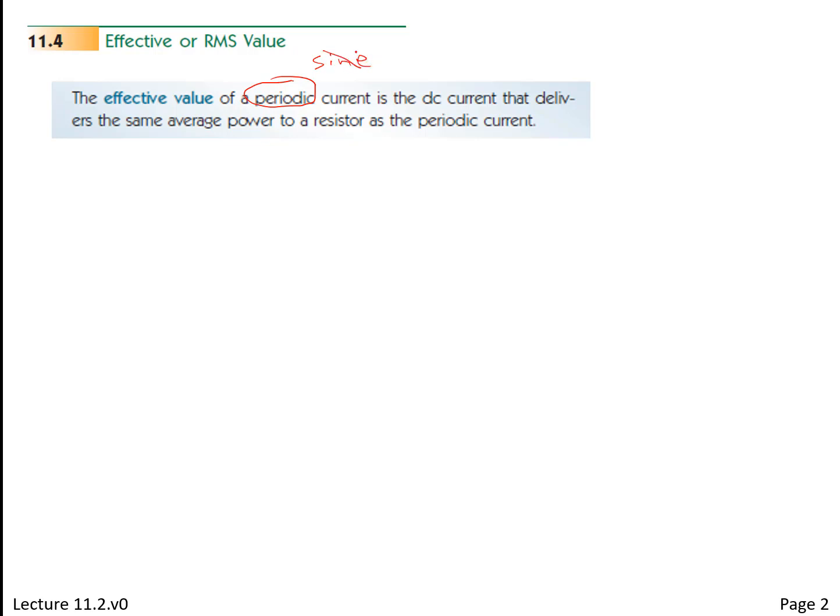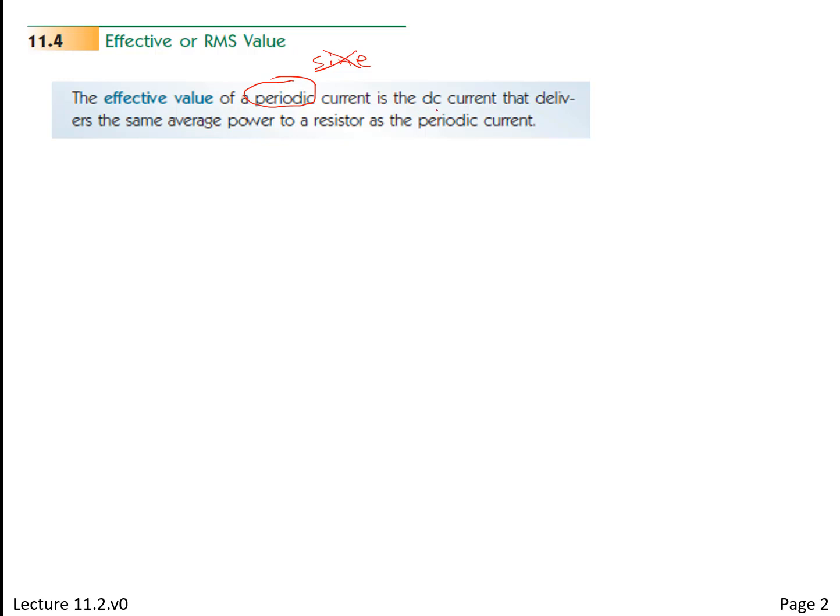It is not sinusoidal. It's periodic. So it can be an odd shape, and there's a lot of wonderful problems, examples, and practice stuff in the text that the authors have put together deliberately using non-periodic waveforms. So using non-sine waves. The important element is that they're periodic, okay?